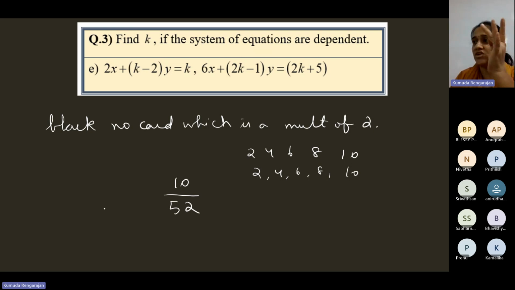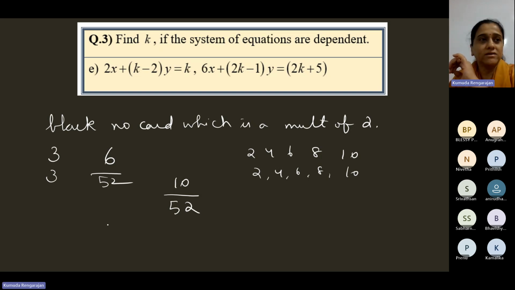So king, queen, and jack of diamonds and hearts. So 3 picture cards from hearts and 3 picture cards from diamonds. So totally 6 out of 52.